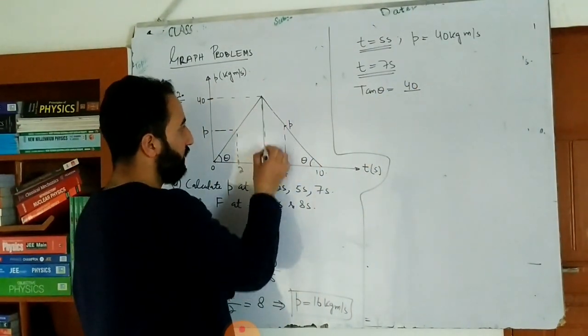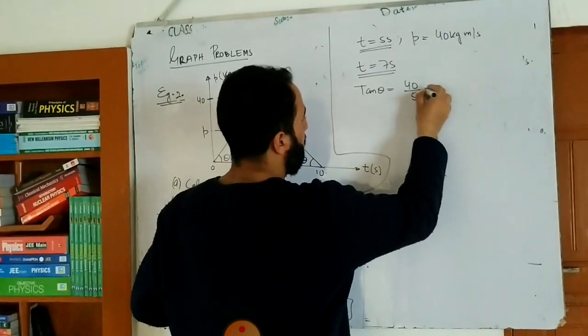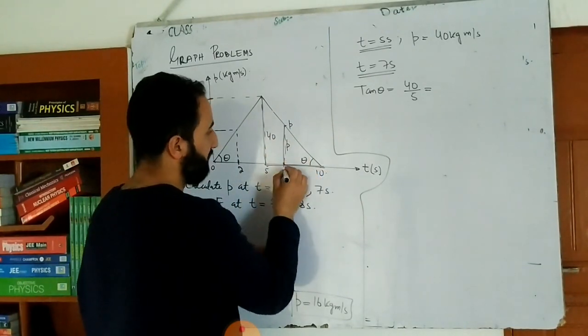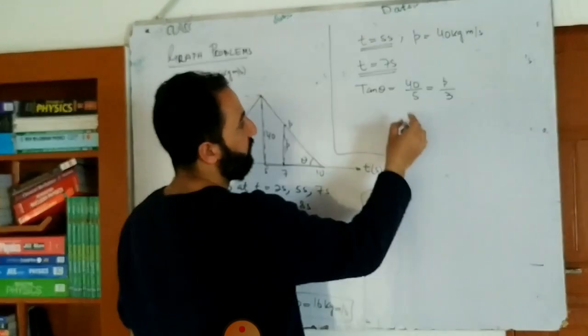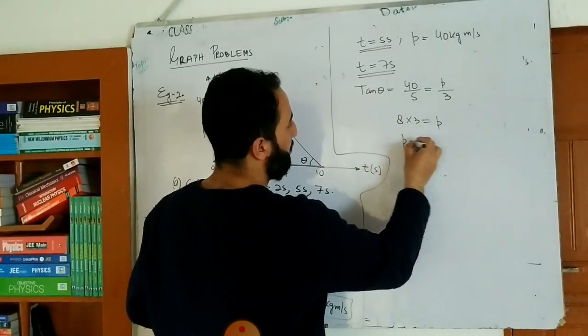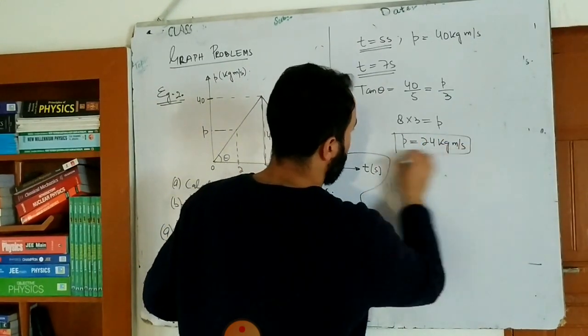In this triangle, this is 40, and this base is 10 minus 5, that is 5, equal to, in the smaller triangle, this is P here, and this is 10 minus 7, that is equal to 3. So P divided by 3 equals 40 by 5, which is 8. 8 multiplied by 3 is equal to P. So momentum P will be equal to 24 kilogram meter per second. Okay?